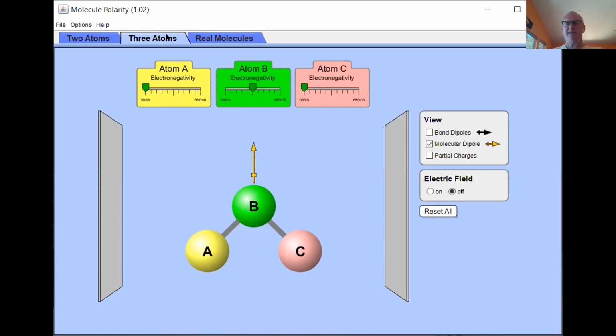So what's the difference? Does a bond dipole contribute to the molecular dipole, or is it different? It contributes to it. In what way?